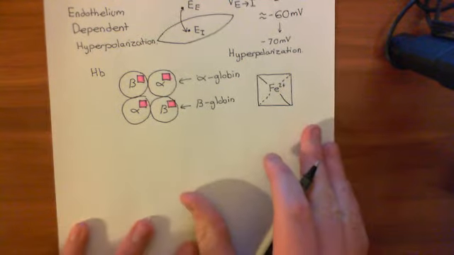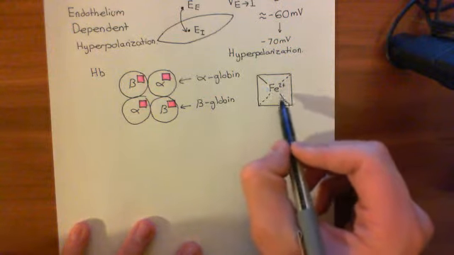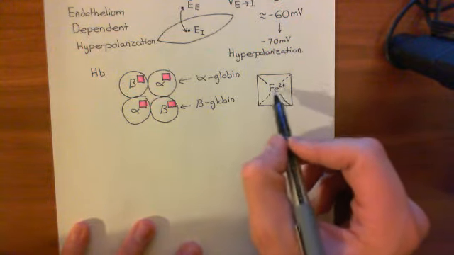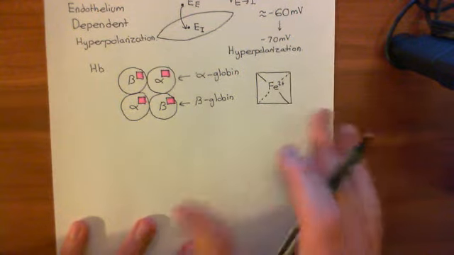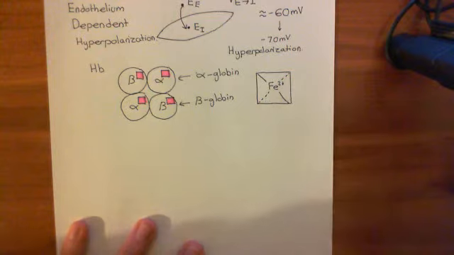The point is, it's got 4 groups coordinated around it and forming some sort of interaction, some sort of bond with it, whether it be a covalent bond or an ion dipole bond.